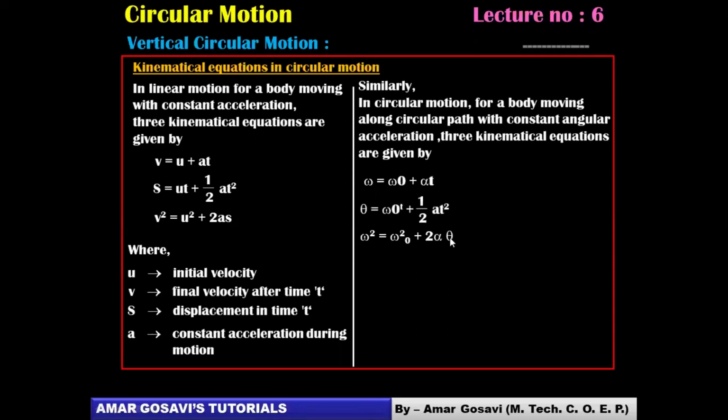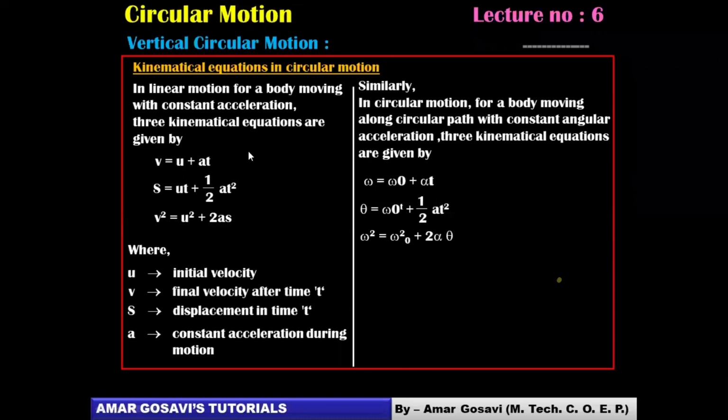Now if you compare with the second equation, S is converted into theta; linear displacement is converted into angular displacement, friends. U becomes omega naught into T, so again make that correction: omega naught t, where the 0 is a suffix. And half, instead of A, it has to be alpha t square, and so on.